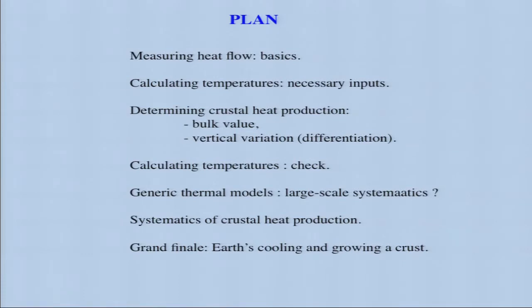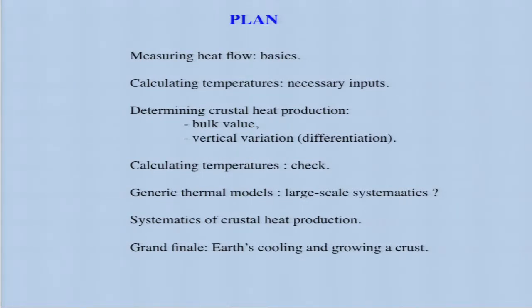Then we are going to see whether all this is a figment of our imagination. We'll be trying to check the temperatures that we calculate, and I will show you the way we've done that. And then we're going to go into large-scale systematics to show what we can do, a general statement that is valid. I'm afraid I'm going to tell you there's no such thing. So you have to account for the local structure, the local geology.